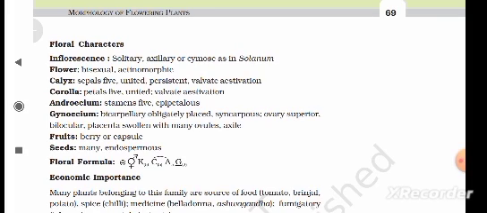Fruit: berry or capsule. Seed: many, endospermous. Floral formula: actinomorphic, bisexual, calyx five fused, corolla five fused, androecium five with adhesion, attached with the corolla, superior ovary two fused.